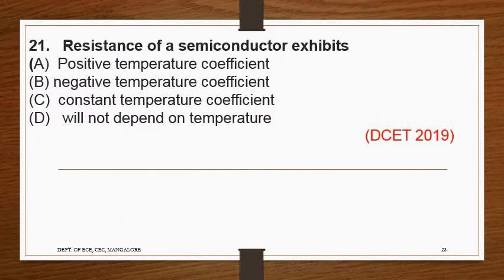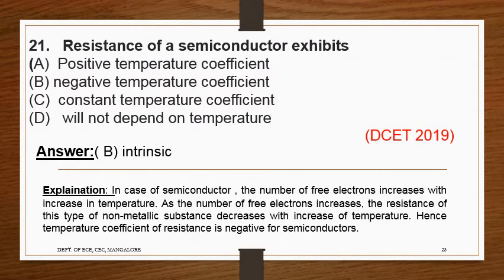Resistance of a semiconductor exhibits positive temperature coefficient, negative temperature coefficient, constant temperature coefficient will not depend on temperature. So the answer is that it is having a negative temperature coefficient.